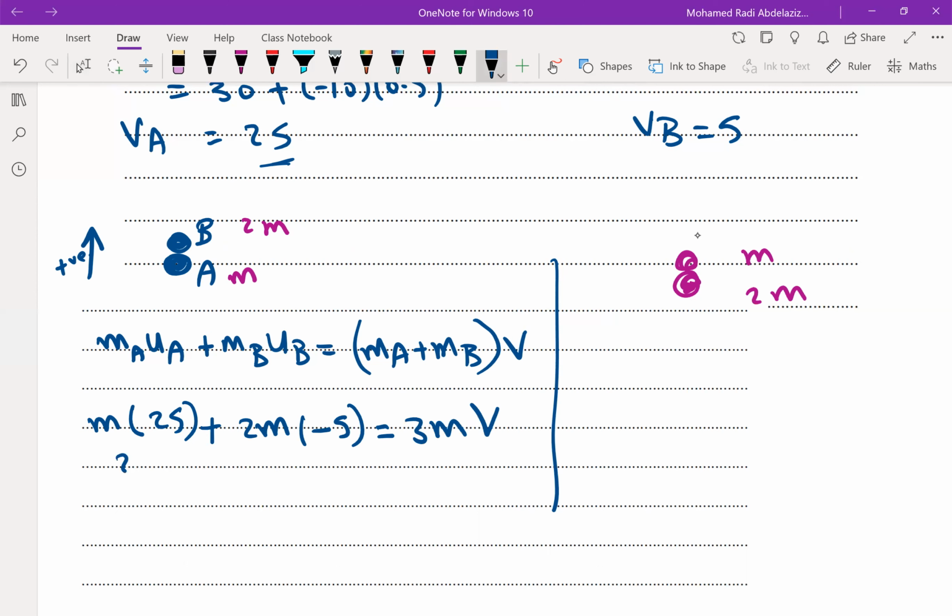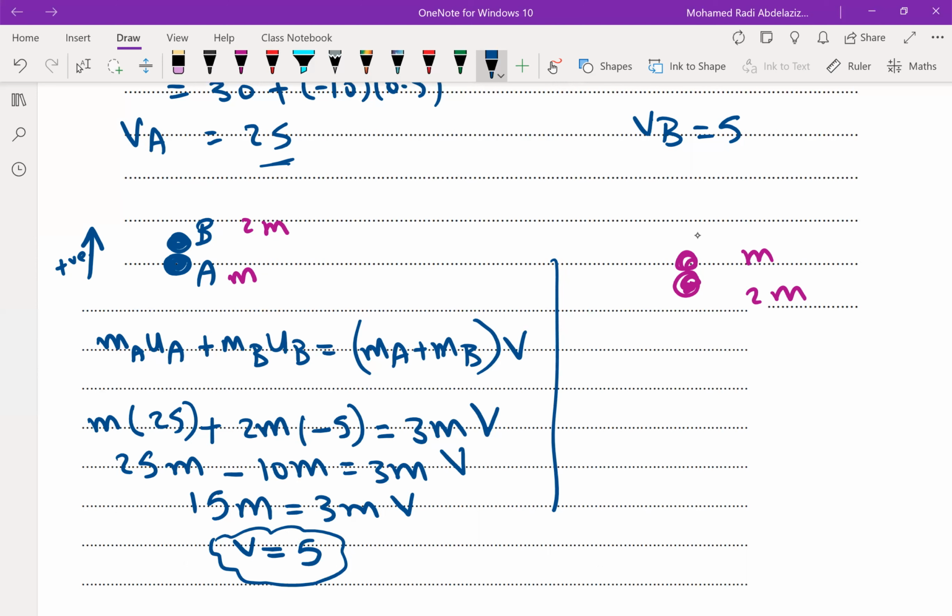Simplify, 25m minus 10m is equal to 3mv. We can simplify more, 25 minus 10, which is 15m, is equal to 3mv. Divide by 3m, so v is equal to 5. And now it's clear its direction is up.